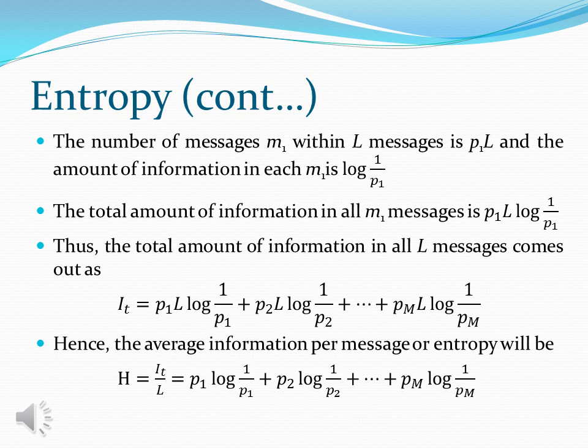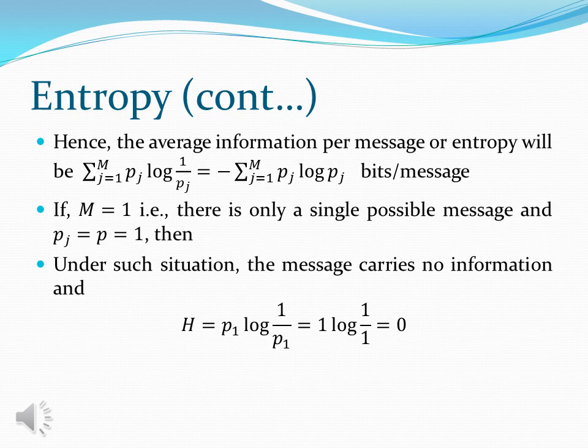Like this, we go on adding up to Mth, that is pML log 1 by pM. So the average information per message or entropy will be H equal to I total by L equal to p1 log 1 by p1 plus p2 log 1 by p2 up to pM log 1 by pM.